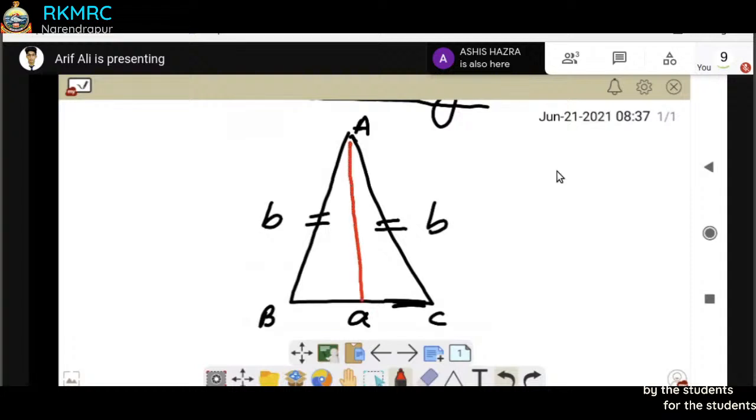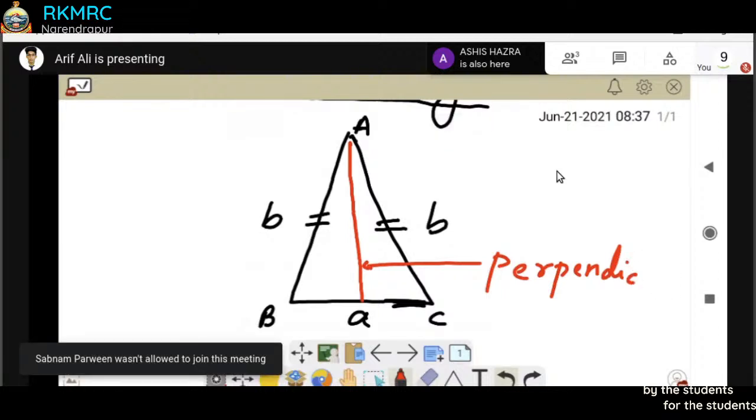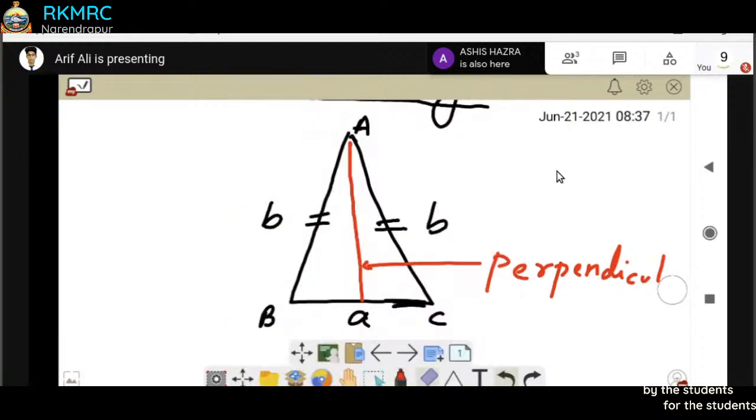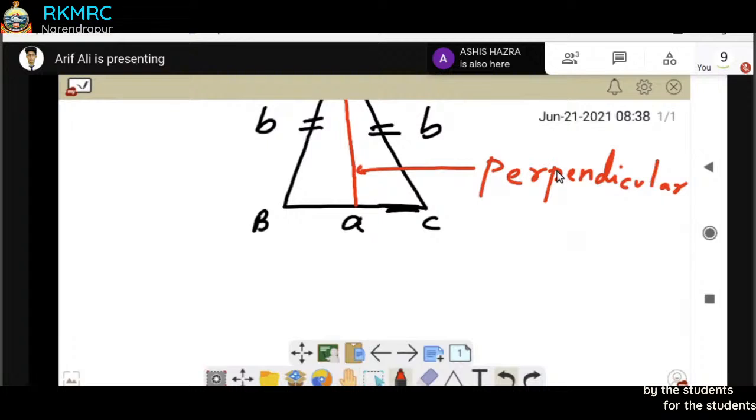This is your perpendicular. And this perpendicular also bisects this base equally.